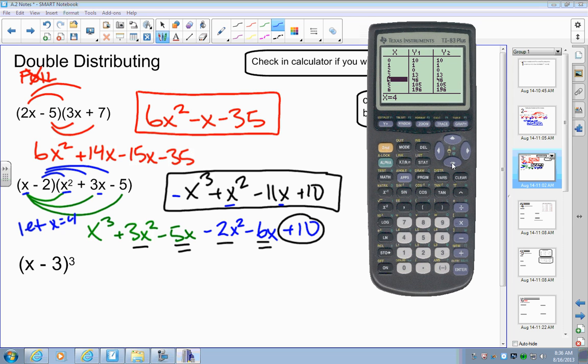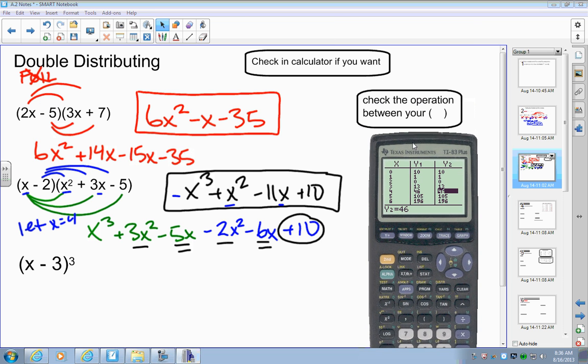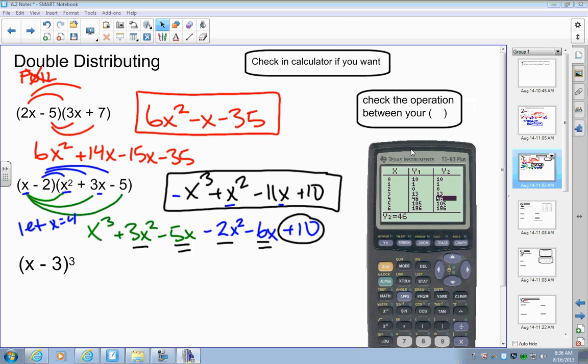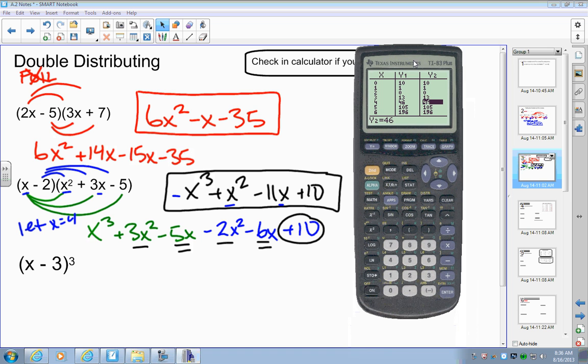You plug in a 4, it spits out a 46 in both of them, so you know you did that correctly. So up here I say, check in your calculator if you want, and you can know you did that correctly. That also works for factoring, and we'll go through that as well.